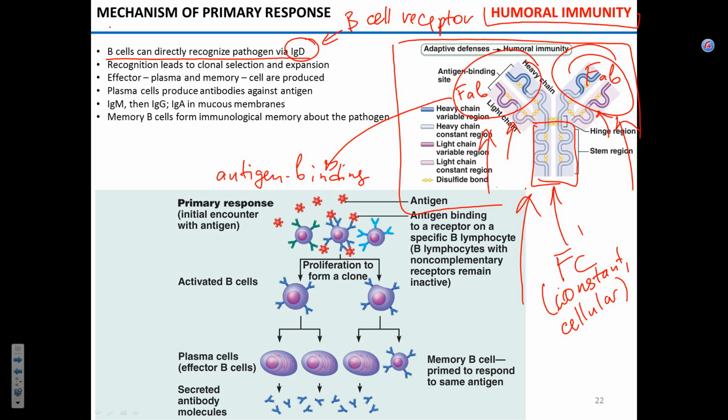So this IgD thing, Ig stands for immunoglobulin, D is just immunoglobulin D. So IgD is a receptor on the surface of the B cell that can recognize the antigen. Does that make sense?